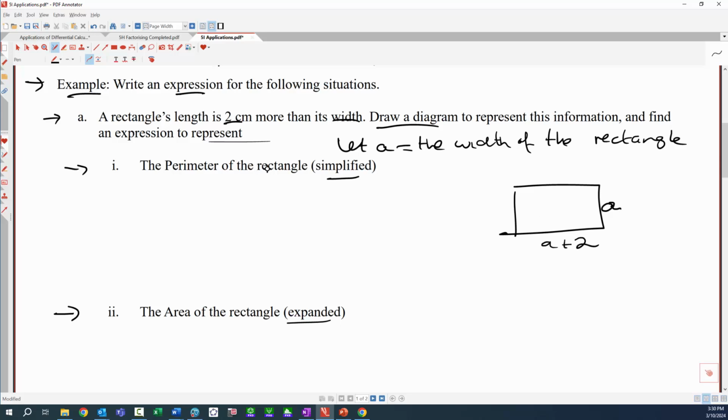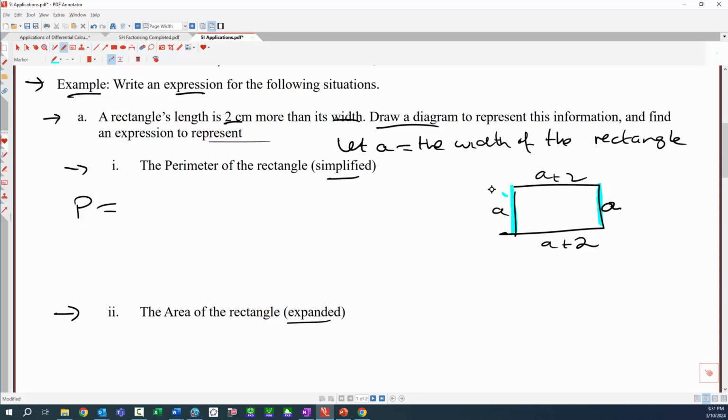So the perimeter of this rectangle in simplified form, well, let's calculate the perimeter. It's just going to be A and A, these two lengths added together, and these two lengths added together, A plus 2. Recall that the perimeter is the distance around the shape.